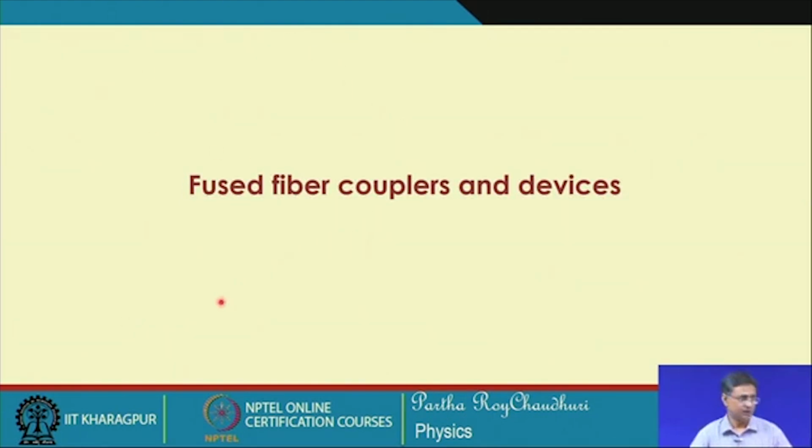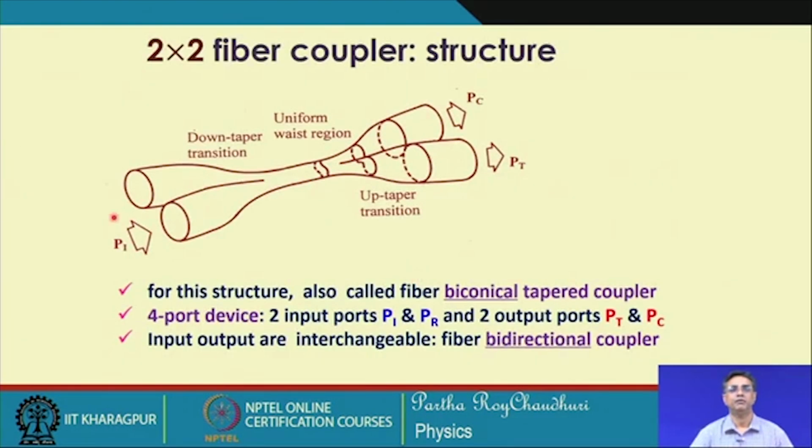Now, with this background we will switch over to these fused fiber couplers and devices. We have learned the basics of optical fiber. Now, two optical fibers are placed side by side with their plastic jacket removed, that is only the core and cladding glass fiber, and they are in contact with each other.